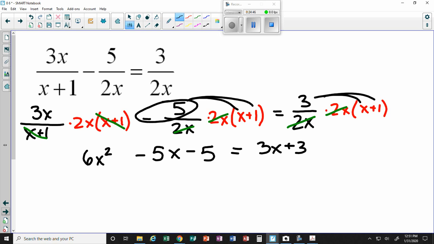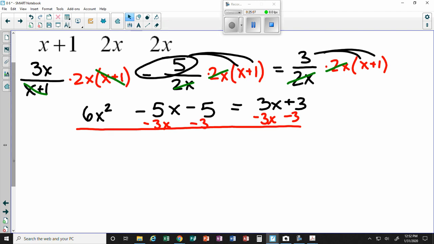So this is the case where I have 2 different types. So what I have to do is get everything to one side, and then solve by factoring, quadratic, etc. Got to get it equal to 0. So I can use that zero product property. So I'm going to have 6x squared minus 8x minus 8 equals 0.